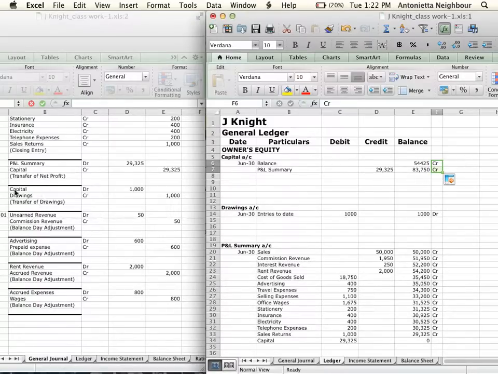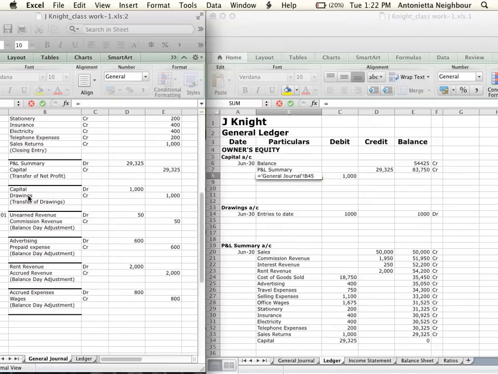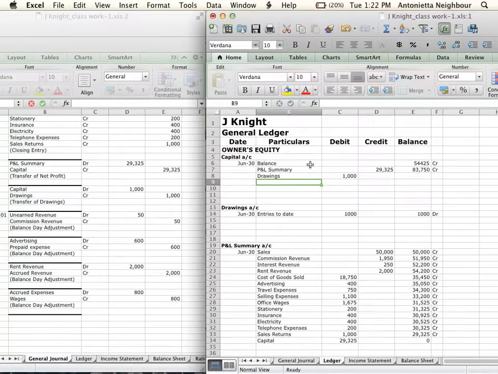Next one, capital debit, drawings credit. Okay, so in my capital account, I debit the capital account by 1,000. What was credited with that double entry? It was drawings, so I bring that across into the account in the particulars column.